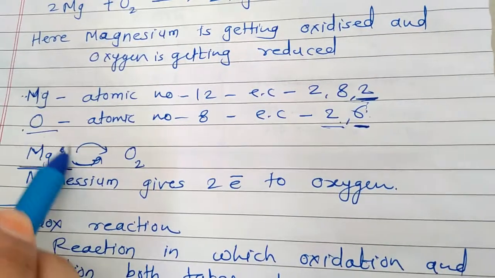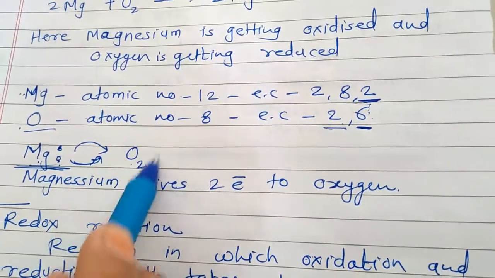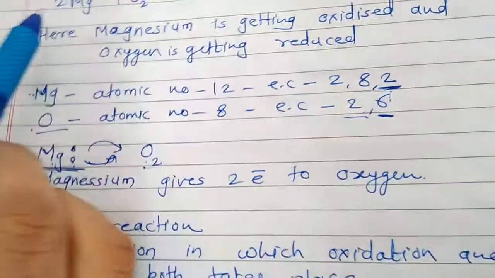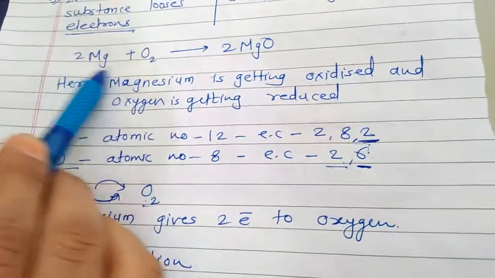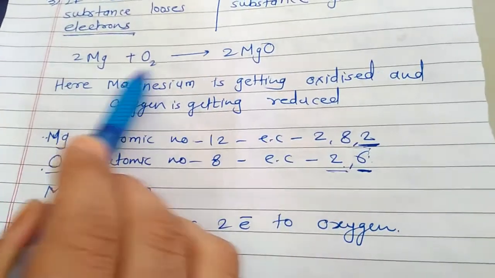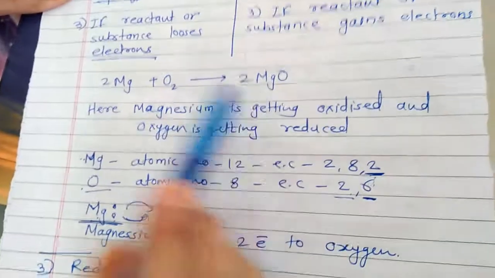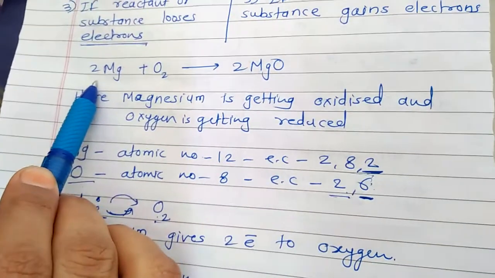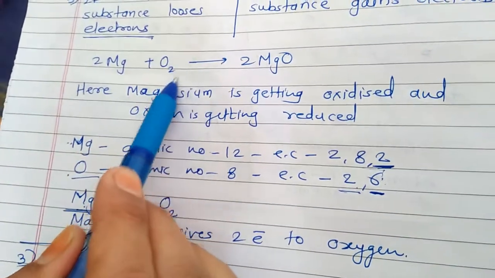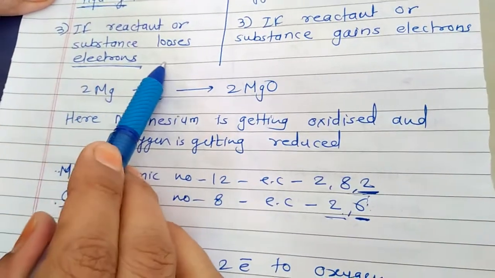The reactant which donates the electron is getting oxidized, and the reactant which takes the electron is getting reduced. So in this reaction you can say magnesium is getting oxidized, at the same time oxygen is getting reduced. It is studied on the basis of the give and take of electrons.